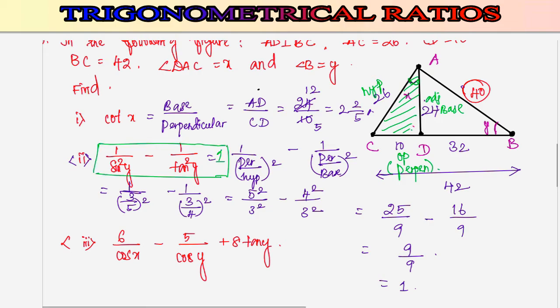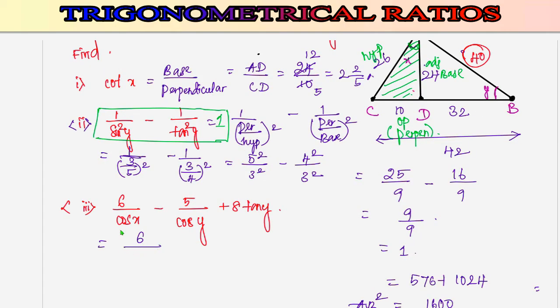Okay, now we'll come to the third one. 6 divided by cos x is base divided by hypotenuse side, minus 5 divided by cos y, for which also we have base divided by hypotenuse side, plus 8 into tan y, which is opposite divided by base.